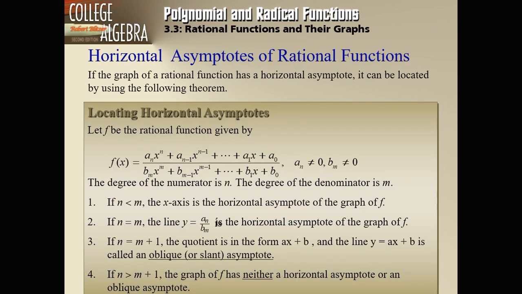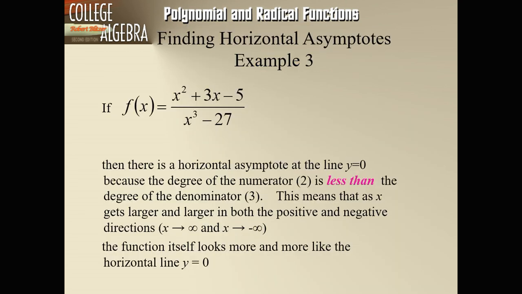And ang sabi kanina, if n is less than m, the x-axis is the horizontal asymptote of the graph of f. Okay, dito sa case natin, we have 2 less than 3, or n less than m. So, then there is a horizontal asymptote at the line y equal to 0. Okay, so yun yung magiging horizontal asymptote natin, if n is less than m.